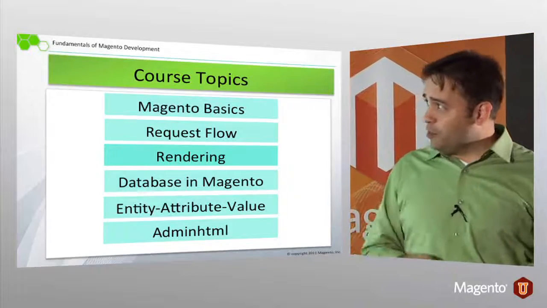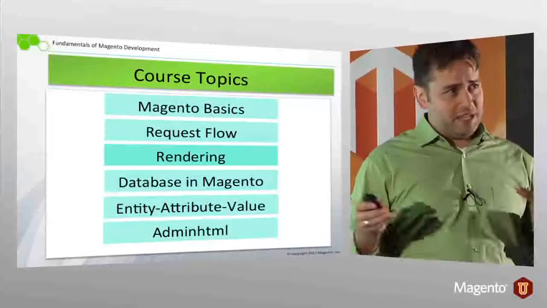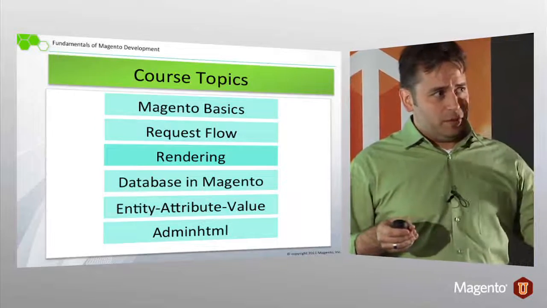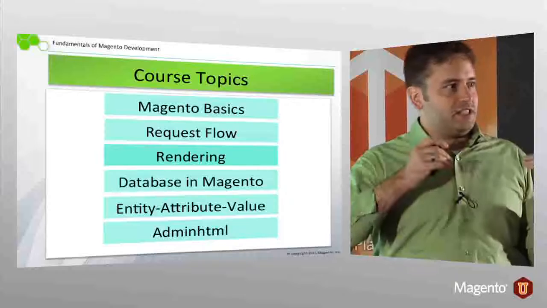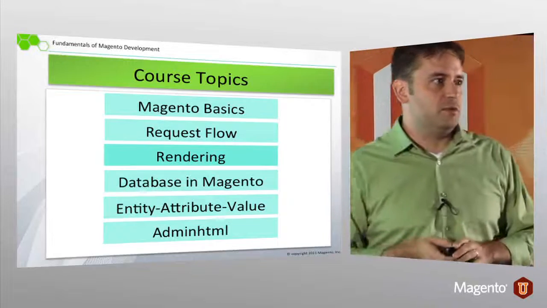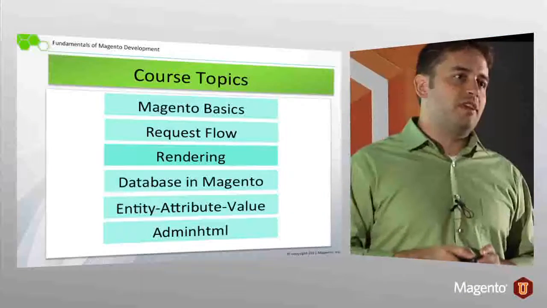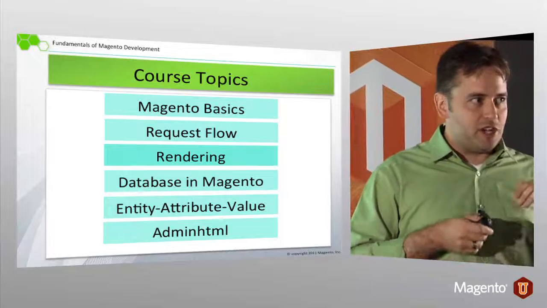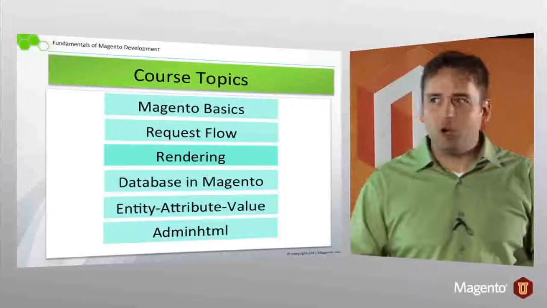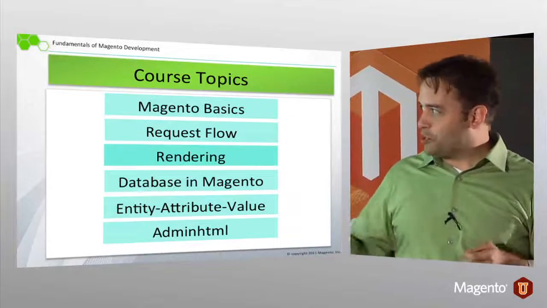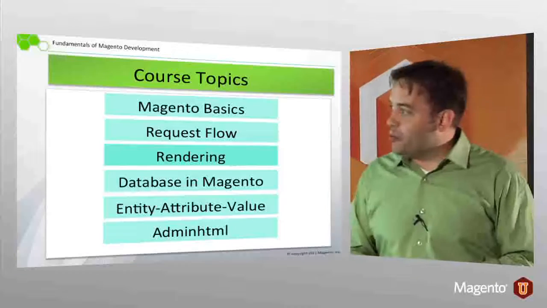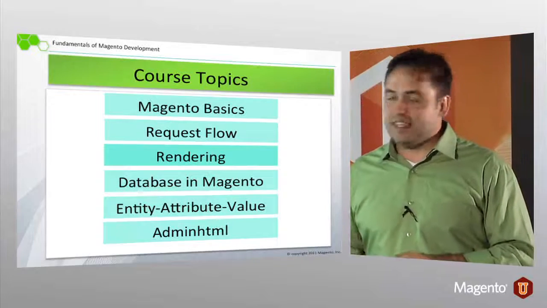We move on to the request flow, so basically how Magento receives a request and gets it into the hands of the correct module and gets the output generated like you would hope it would be, which is the rendering. And then the big ones are database and EAV.